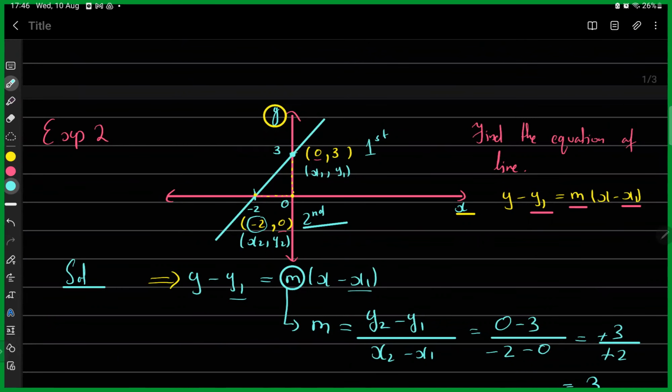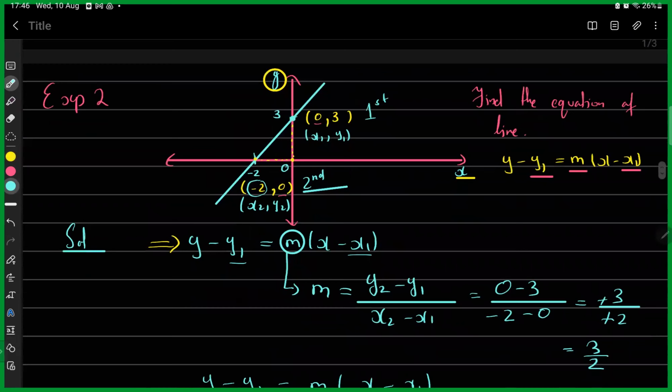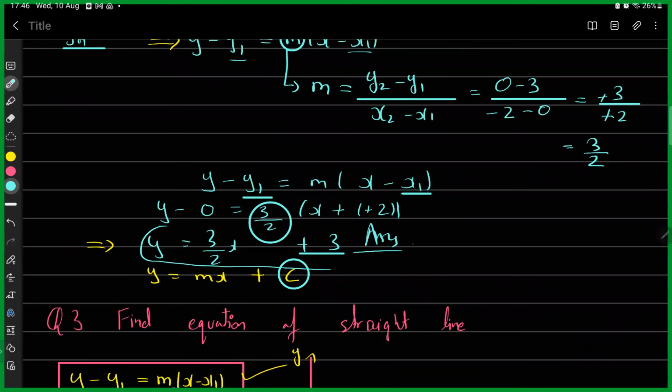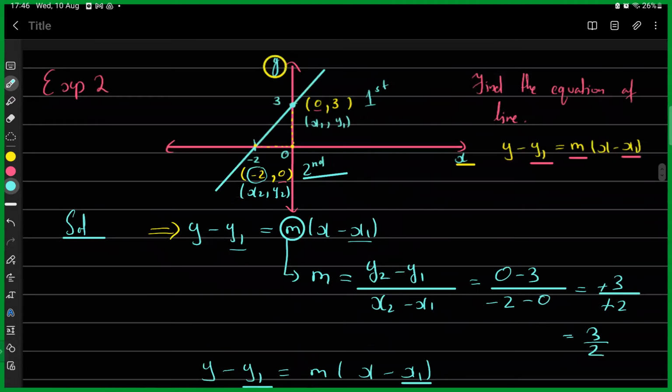So your learning point is that even if you're using the first formula, even if you're not using y equals mx plus c, still after simplification, when you have something of this type, you would be able to see what exactly your y-intercept is. Okay, again, this was the beginning question.